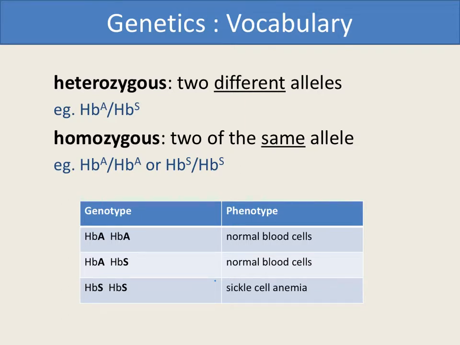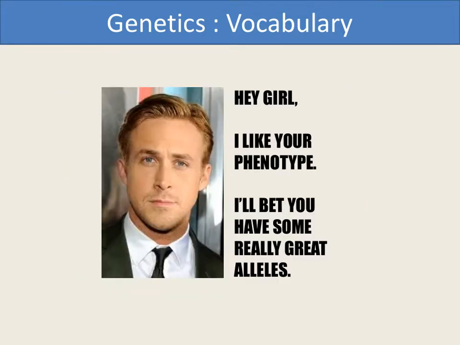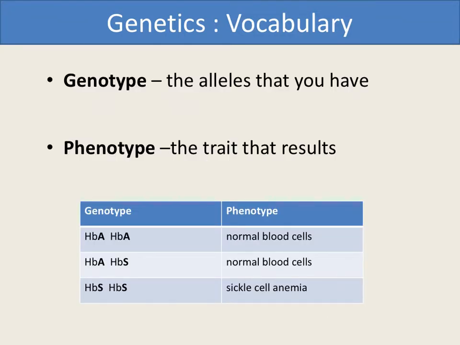You need two copies of the recessive allele to express that. So, genotype, alleles that you have; phenotype, the traits that you have, including anatomy, physiology, behavior, development.